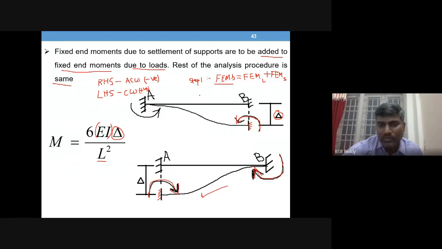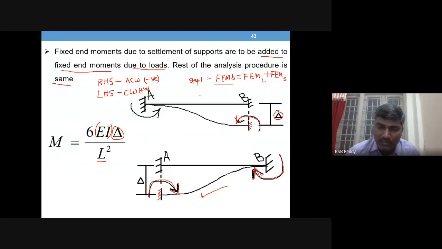Like step 2, you calculate distribution factors for all the members. Similarly, in step 3, you proceed to the distribution process, by taking each joint and balancing the joint, then taking the carryover moments.